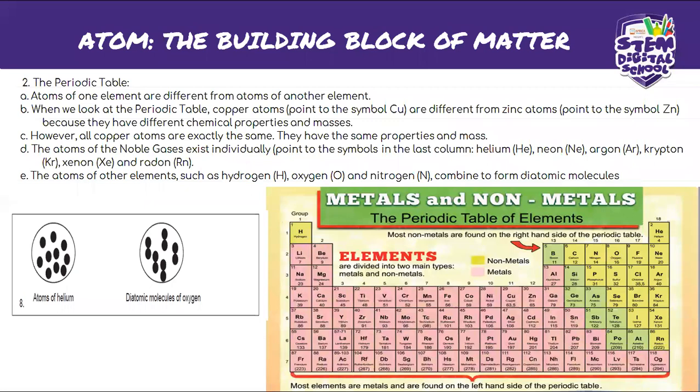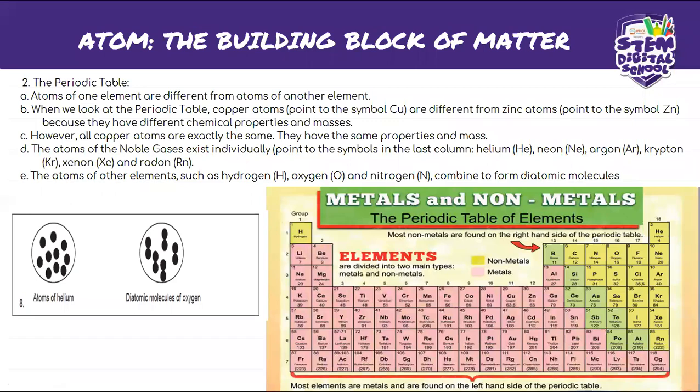Now on the periodic table, you remember we've already spoken about this. So this topic, the periodic table, is just a kind of introduction. So let's look at the periodic table in this regard. Atoms of one element are different from atoms of another element. So, for example, what are we saying? If I have lithium, I hope you can see lithium.